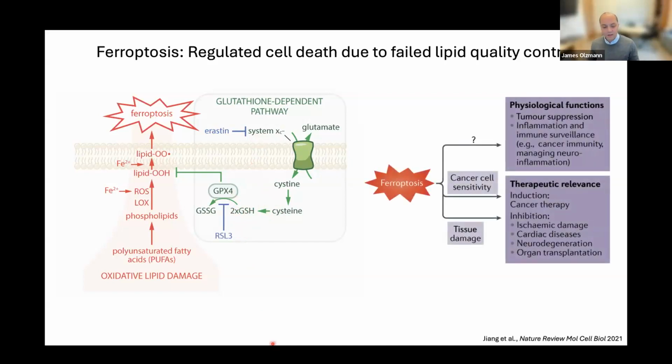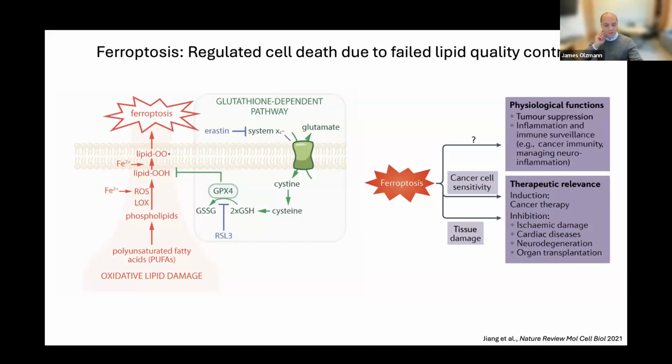So we've really seen a huge growth in this field in the last 5 to 10 years due to the potential therapeutic importance of ferroptosis, with the idea that you could potentially trigger ferroptosis as a way to kill drug-resistant cancer cells, or that you could inhibit ferroptosis as a way to ameliorate some of these diseases associated with cellular degeneration, like ischemic tissue damage, neurodegeneration, and others.